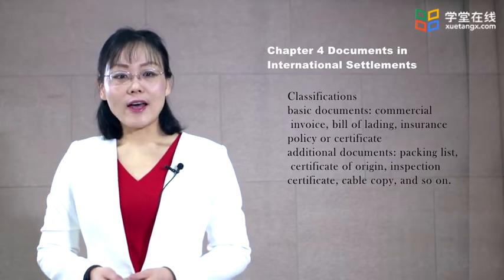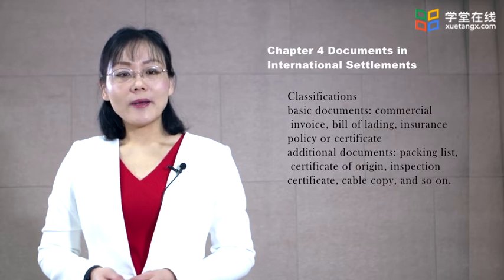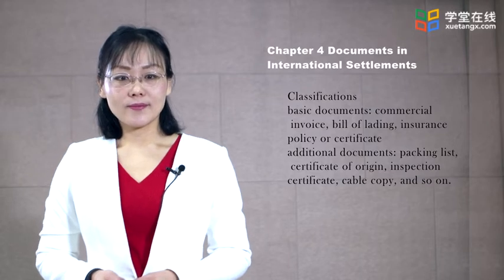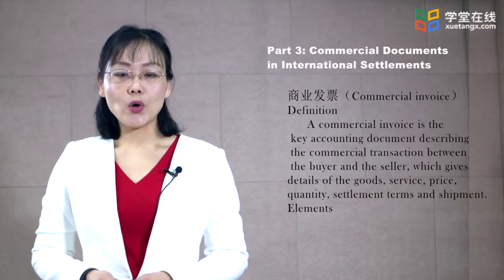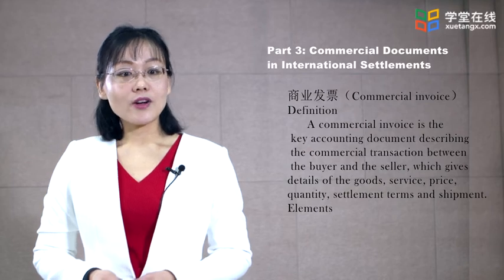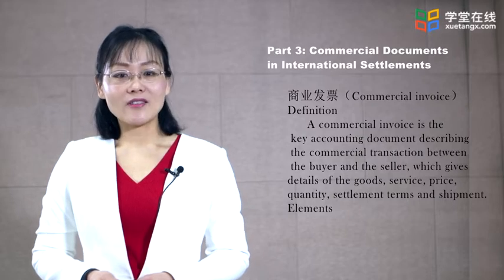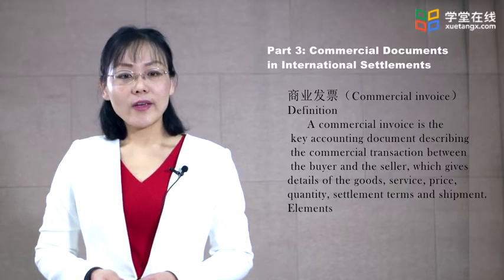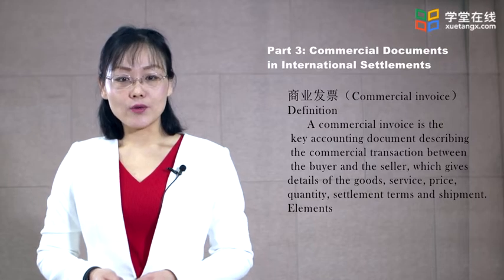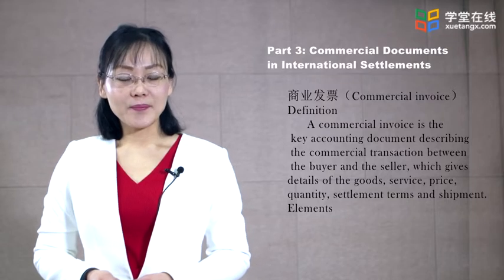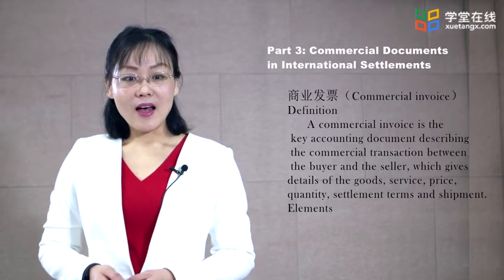First, let's look at one of the basic documents, commercial invoice. A commercial invoice is the key accounting document describing the commercial transaction between the buyer and the seller, which gives details of the goods, services, price, quantity, settlement terms, and shipment.